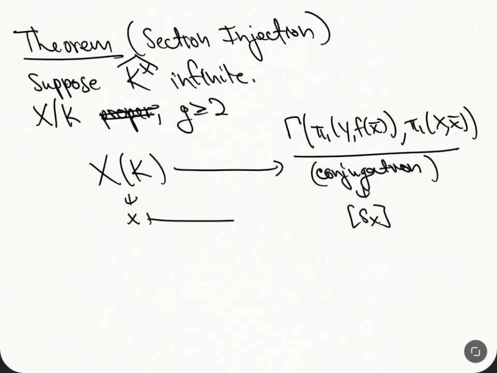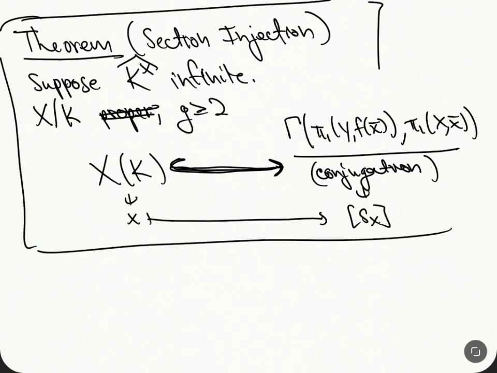So the theorem is that this map is injective. That's the section injection. If we have a curve and we have a point, it's associated to a unique section, a unique conjugacy class of sections.